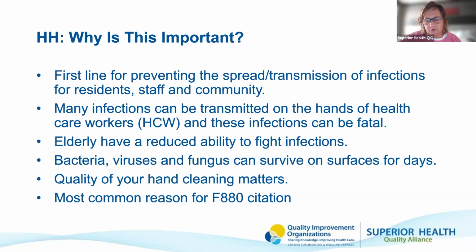And it's the failure to perform hand hygiene with tasks upon observation in situations such as wound and dressing changes, observations of pericare, passing linen, passing trays, passing medications, and interacting with residents. So when you look at your facility and you think about your hand hygiene program, that's why it's important, right? That's the why.